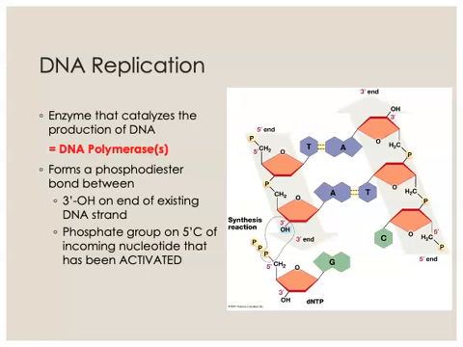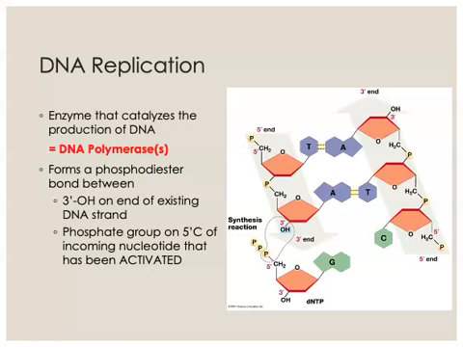Remember, that enzyme is building covalent bonds between each of the incoming nucleotides as it adds one nucleotide after another to this growing strand of new DNA. Those nucleotides are being covalently bound together to create this sugar phosphate backbone.